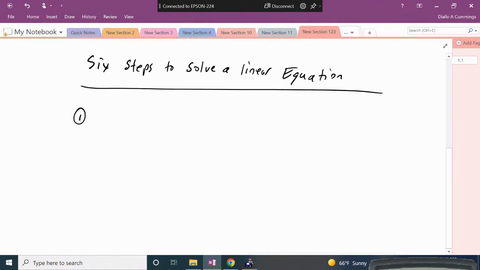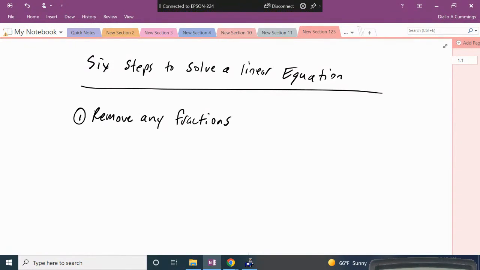Okay, and the very first step is you want to remove any fractions. So in this course, when you're solving a linear equation, you're going to encounter fractions.